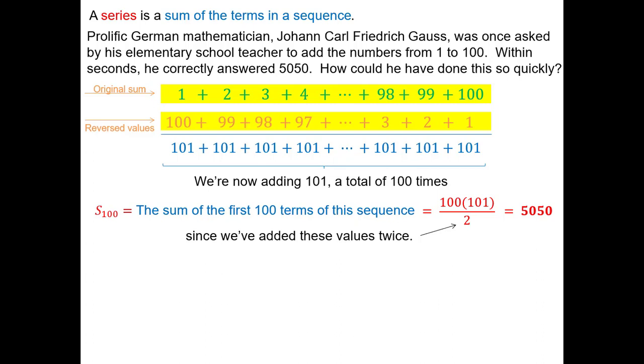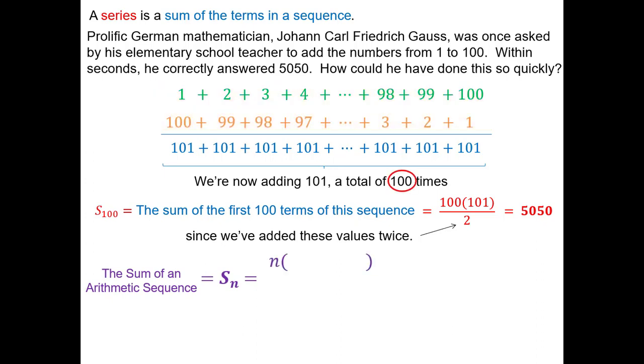And from that point on, Gauss was able to come up with this formula for doing this for any arithmetic sequence. He first of all started by taking the number of total terms, which in this case was 100 terms. He then added the first term and the last term, A1 and AN. A sub n is whatever term you're on, or whatever the last term is.